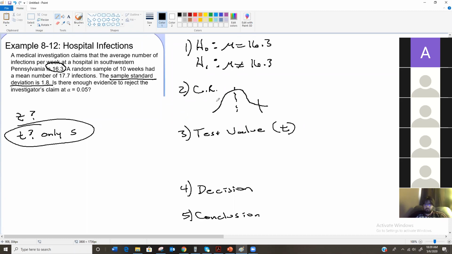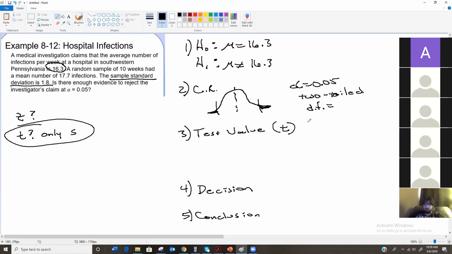It's a not equal, so we're going to have both ends. Alpha is 0.05. It's two-tailed. And what else do we need when we're doing a t-test? The DF. Degrees of freedom. You got it.